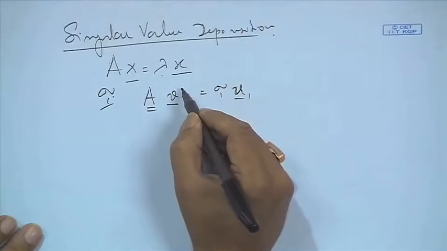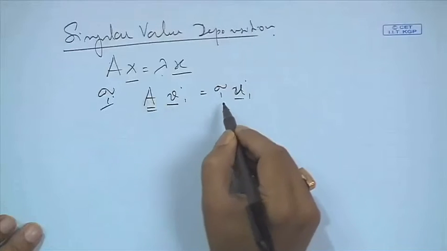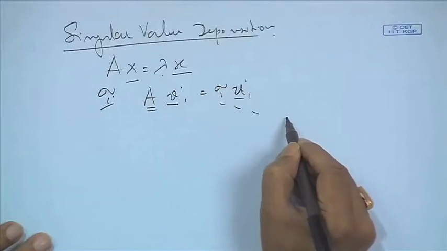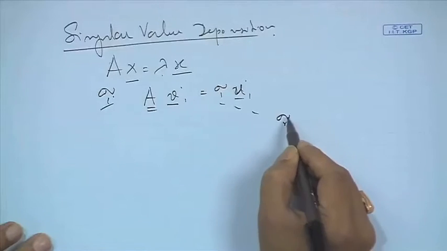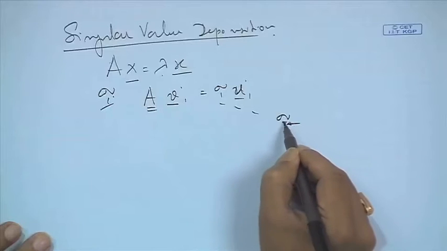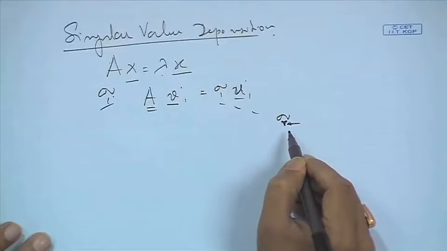So these are the input singular vectors and the output singular vectors of the matrix, and these are the singular values. So like this, you are going to have r number of singular values, where r is the rank of the matrix. The rank of a square matrix would be the number of independent rows or columns, or otherwise it's the minimum of rows and columns.